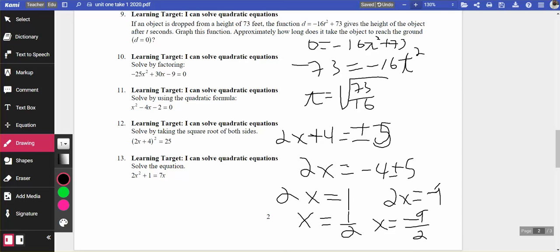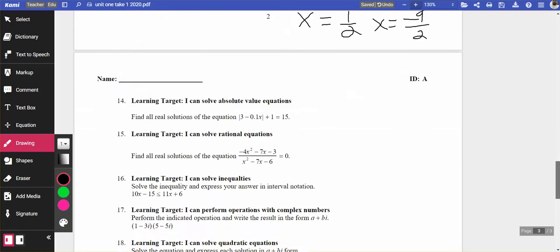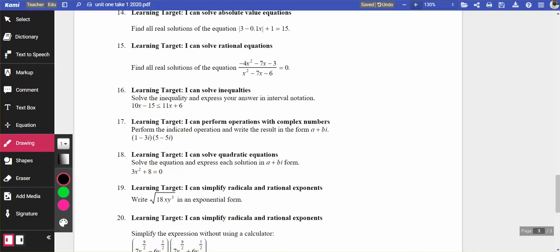Moving on to number 15. 15 is also a free response one. It says solve rational equations. It tells you exactly what you've got to do. For this one, the very first thing we're going to have to do is factor. Can you factor the numerator? Can you factor the denominator?